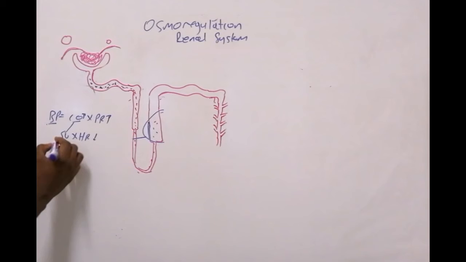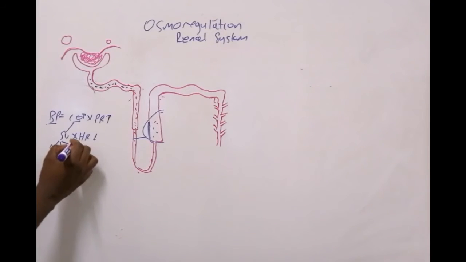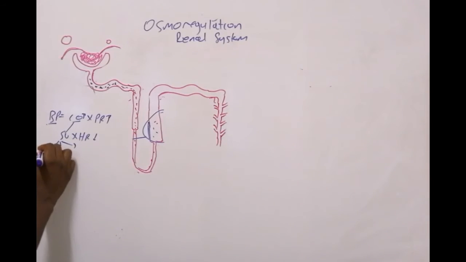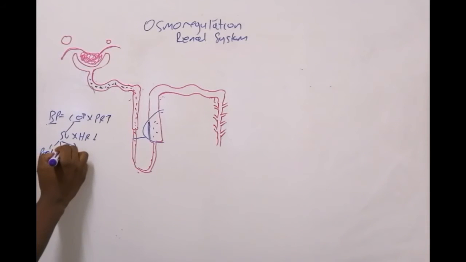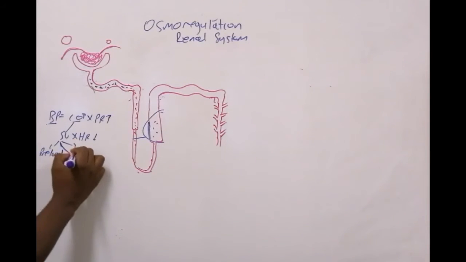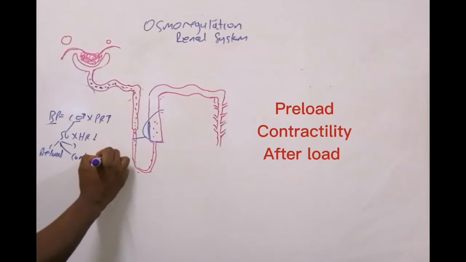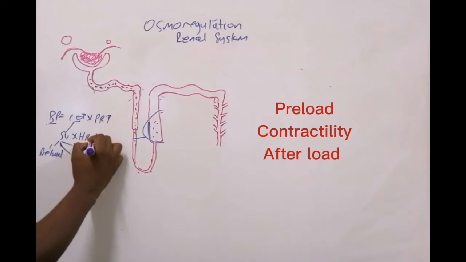Now, what are the things that contribute to stroke volume? It's preload, it's contractility, it's your afterload.